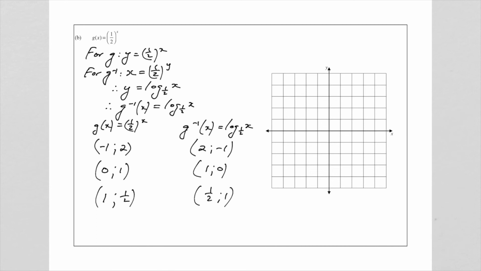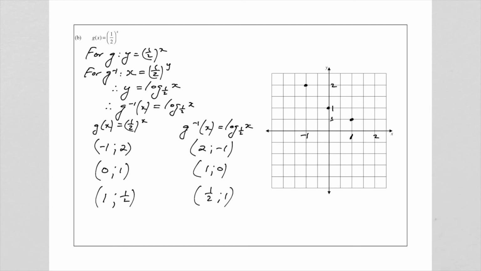If x is equal to -1, so let's put the -1 there, then y will be 2. So the y will be 2, (-1, 2). If x is 0, y will be 1. And if x is 1, y will be a half.